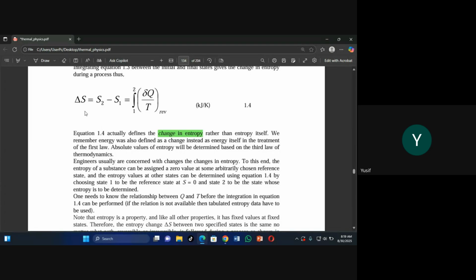Why? Because when you are looking for the entropy change, the first state is always assumed to be an absolute zero temperature state, or entropy state. So the initial state is always assumed to be zero, so when you go to the second entropy state, whatever you get, if you subtract zero from it, it's still the same thing, and that is known as the entropy. So in as much as this is change in entropy, it's also the same as entropy.